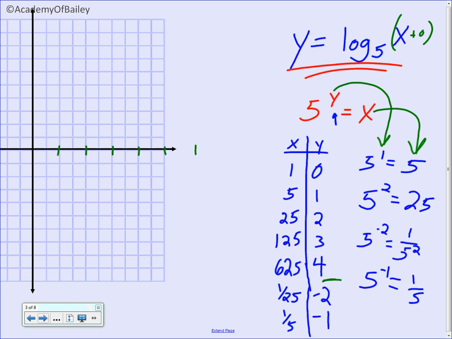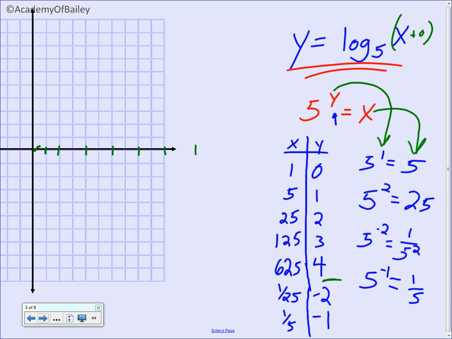1, 0. Well, if this is 50, 1 is somewhere right here. 5, 1, somewhere there. 25, 2. 25 is like halfway, and 2 would be not much further. 125 and 3.